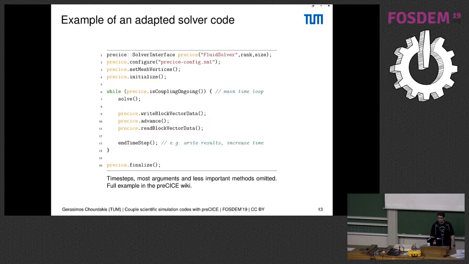And in order to use preCICE, you load the library, configure it, and then after you solve the equations, you give it some block of data, like the values on your points on the interface, and you call the magic method advance, which will do everything for you, and everything is just configurable through an XML file. And after all the solvers communicate and everything, you just read your new boundary conditions and progress.